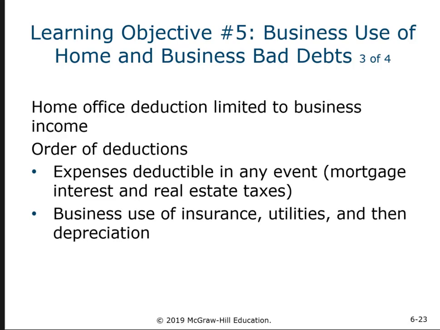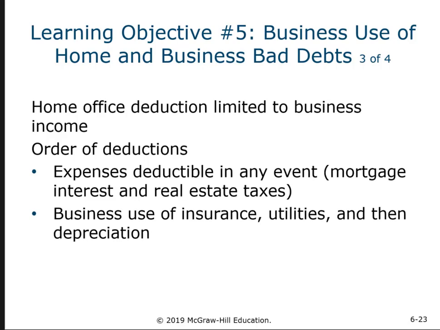There also is a limitation that says you cannot have a loss from your home office expenses. Meaning, if your business has $10,000 of revenue coming in and you have $2,000 of direct expenses, you have $8,000 of income, you can only deduct up to $8,000 of your home office deductions.